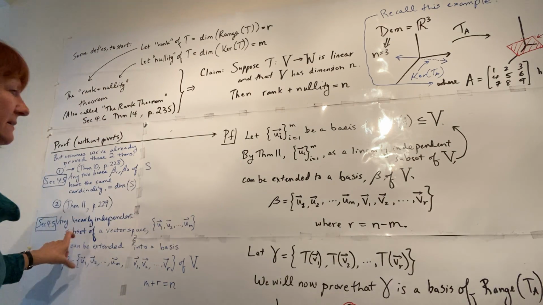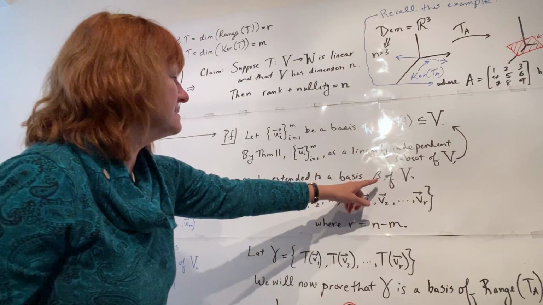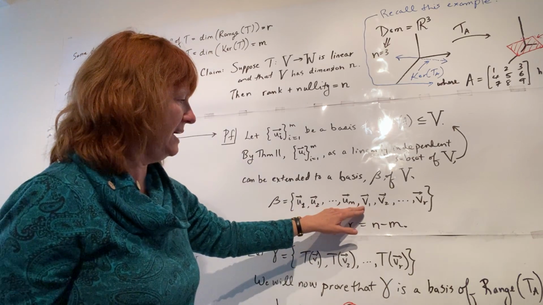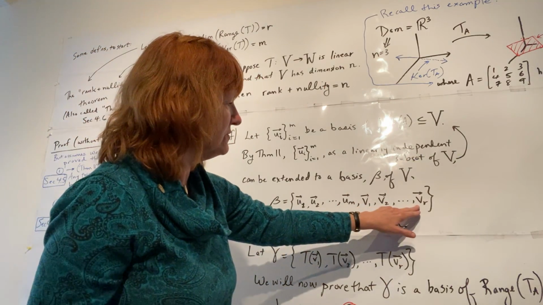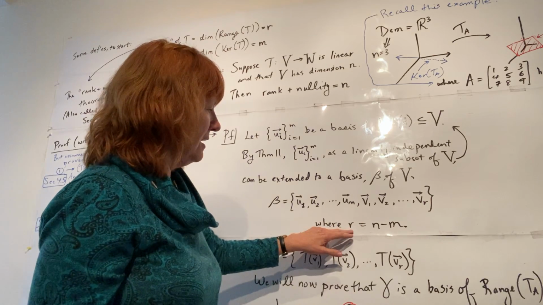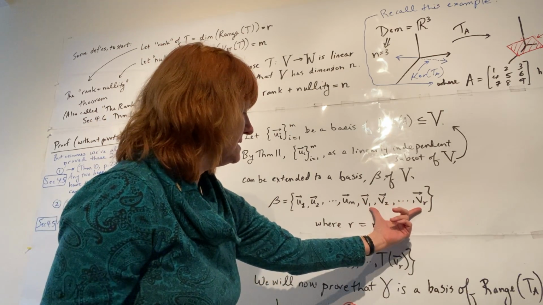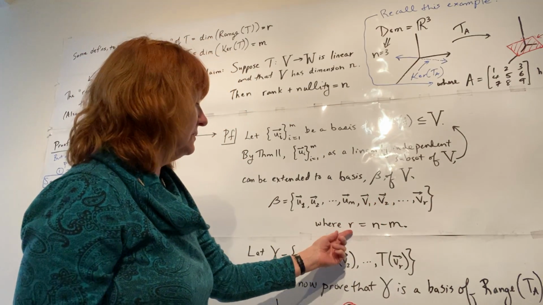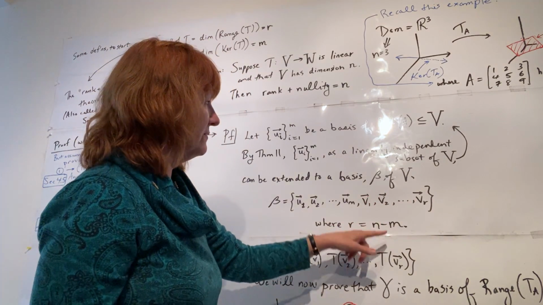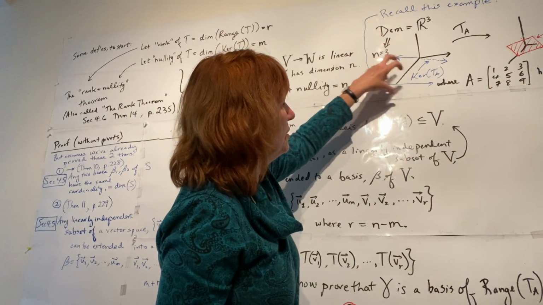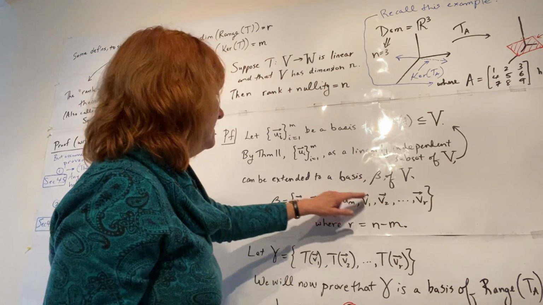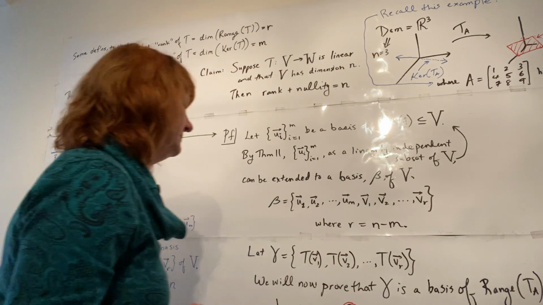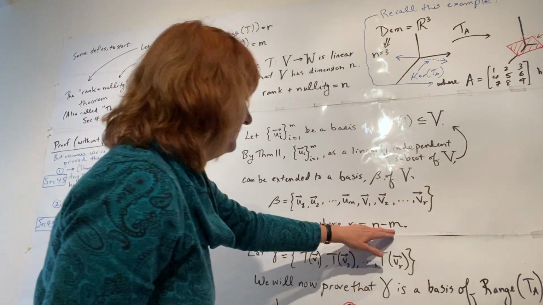By Theorem 11, this can be extended into a basis of the entire domain, u1 through um, built on with vectors v1 through vr, where r, the number of vectors that you're extending it with, is equal to the difference between the dimension of the whole domain space V and its kernel, right? n minus m.